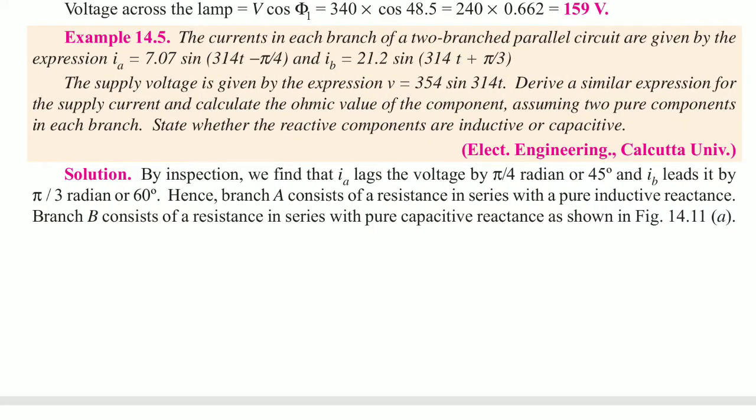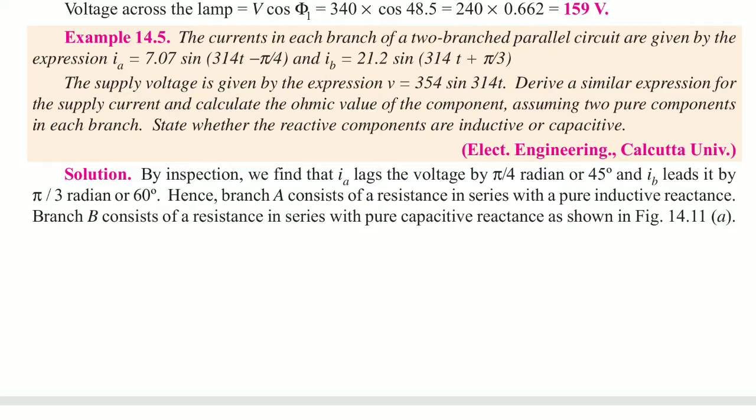Here the solution is by inspection. We find that IA lags the voltage by pi by 4. That means in branch 1, the current is minus pi by 4.